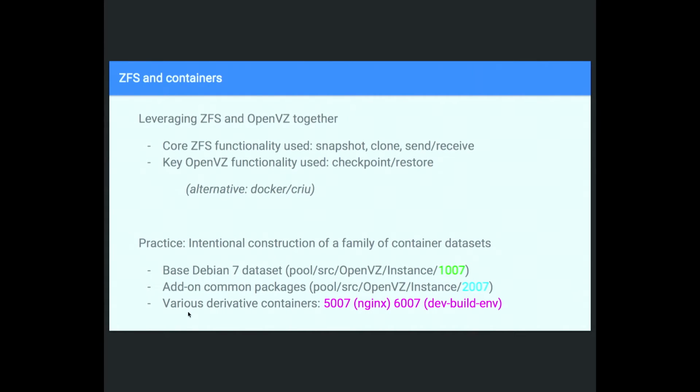That core starting point, 1007, I call it, is cloned, copy on write, and becomes the basis for an intermediate container data set with common packages. If most of my containers include the build environment, this is an efficient intermediate point for encoding. And then from that, I have specific containers. Maybe it might be a web server or a build environment, and these are lightweight to encode relative to the 1007.